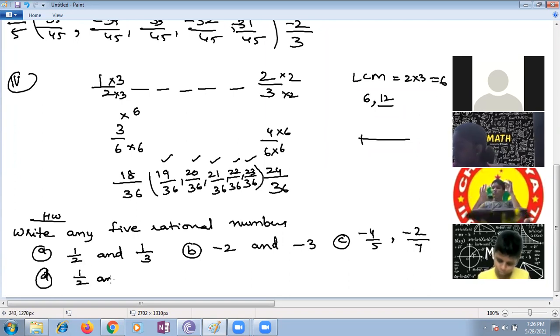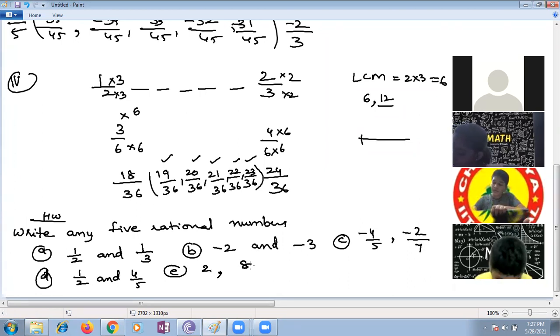And the E bit combines all varieties of questions, children: 2 and 8 by 3, sorry. This is the homework bits. These are the 4 bits you have to work on today.